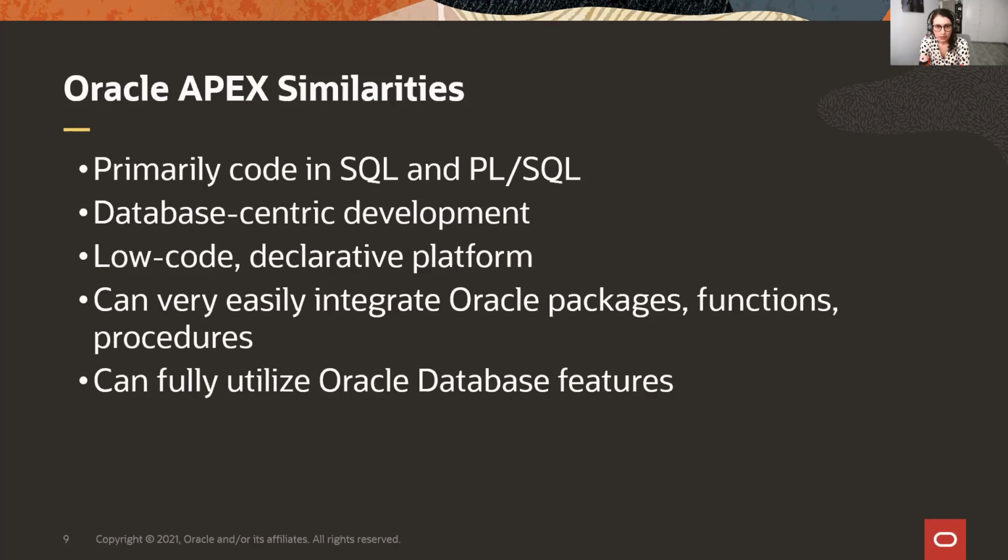So using Apex, you can quickly build applications based on table definitions, just like Forms. So you can build forms, reports, charts, grids, and more on tables, views, or SQL queries. Okay, so it's a database-centric development, just like Forms.